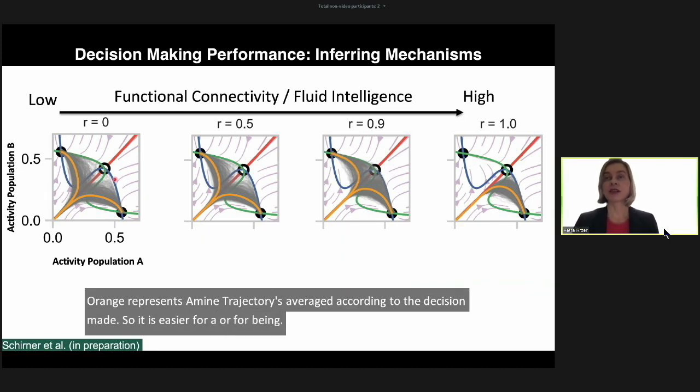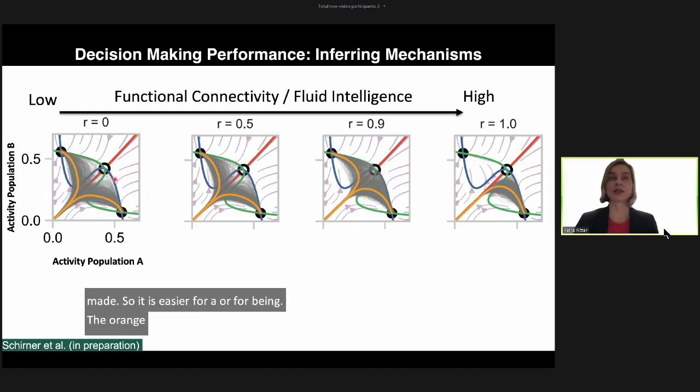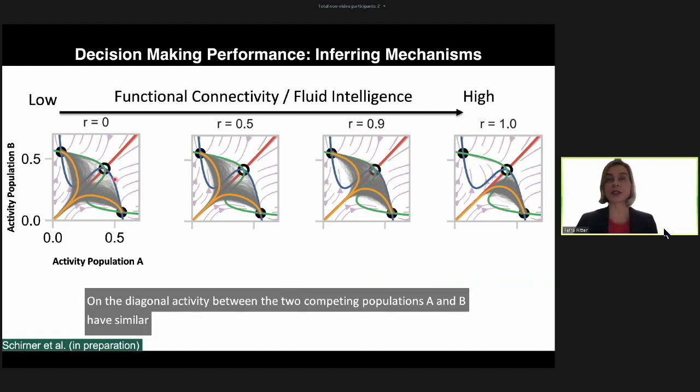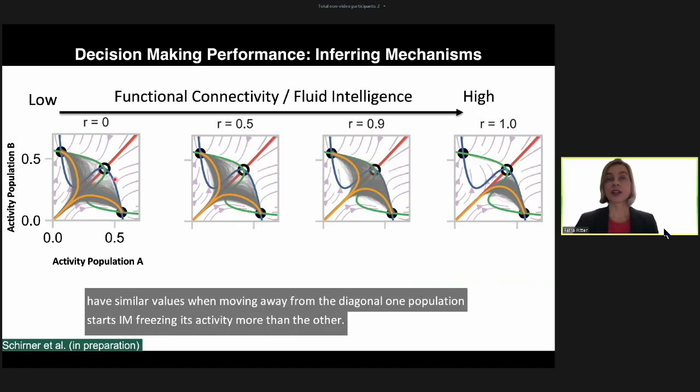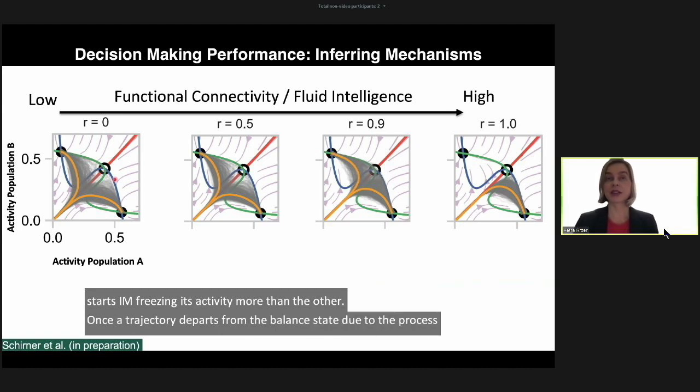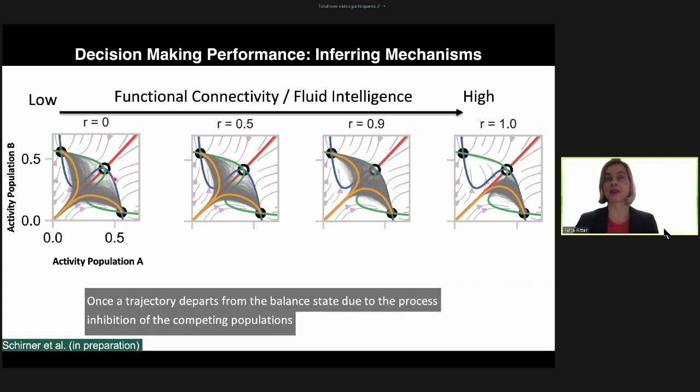The orange trajectory initially runs along the red diagonal. On the diagonal, activity between the 2 competing populations A and B has similar values. When moving away from the diagonal, one population starts increasing its activity more than the other. Once the trajectory departs from the balanced state, due to the cross inhibition of the competing populations, a return to the diagonal becomes difficult.